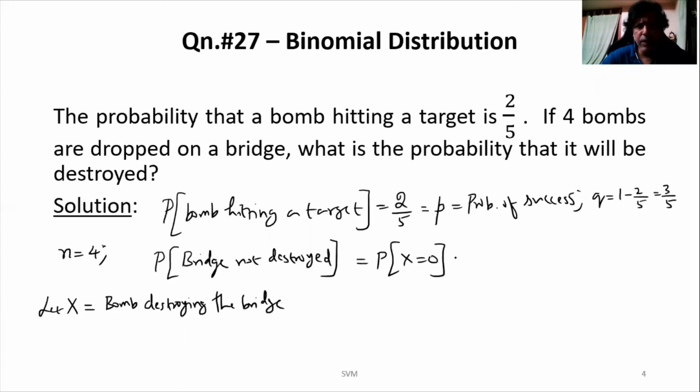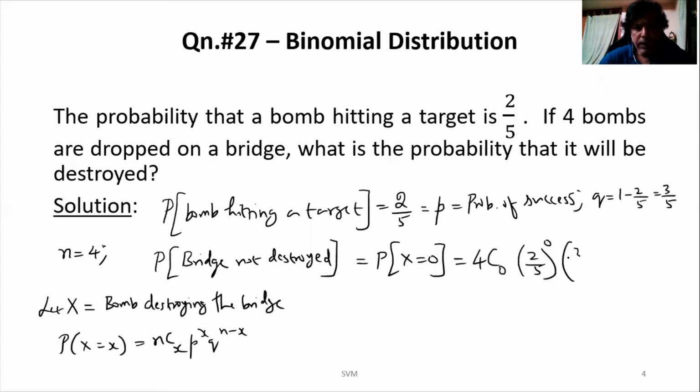It is not getting destroyed. So what will happen then? If it is probability of X equal to x, then it is nCx p power x q power n minus x. If X is equal to 0, now we have n as 4. So 4C0, and p we know is 2 by 5 to the power of 0, and then 3 by 5 to the power of 4 minus 0.